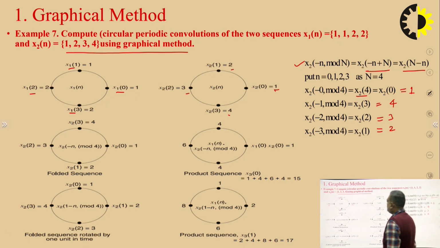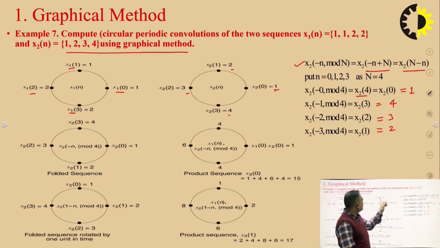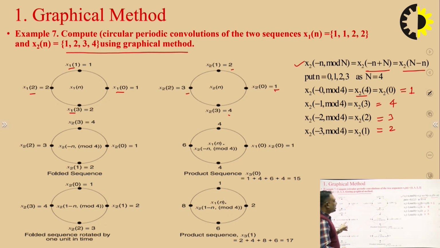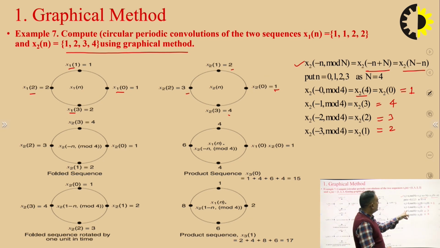So in x2[(-n) mod 4], the first value is similar, and we obtain a similar value here. Then x2[-1] becomes, you can see here, x2[3], so that value is 4.